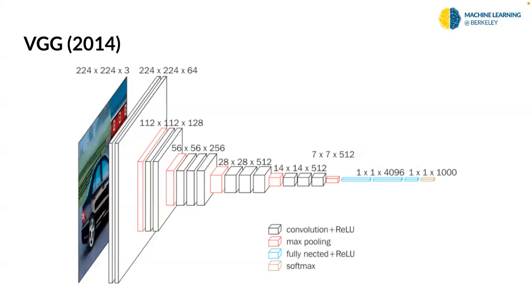First of all, how many convolutional layers do you see in this network? The answer is a lot more. You don't have to count exactly. I think this particular visualization has around 15 convolutional layers. So they have more convolutional layers.